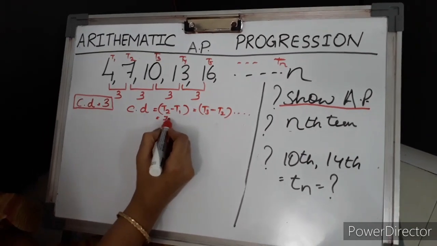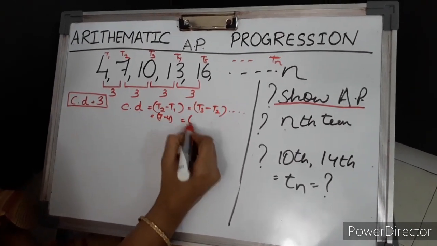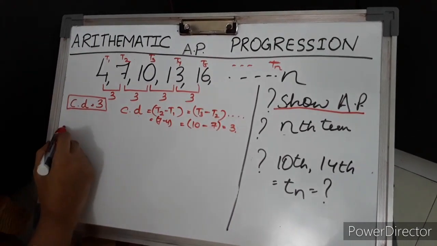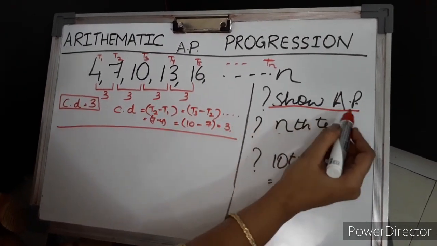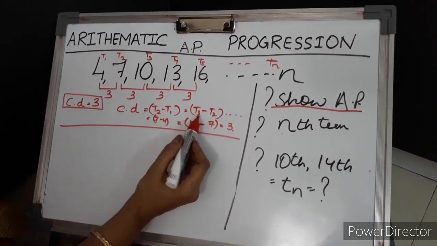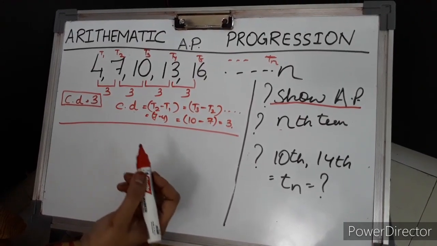So here 7 minus 4 is equal to 10 minus 7 is equal to 3. This will be the complete answer to show that the series is an AP. This holds marks. In maths every formula holds marks.